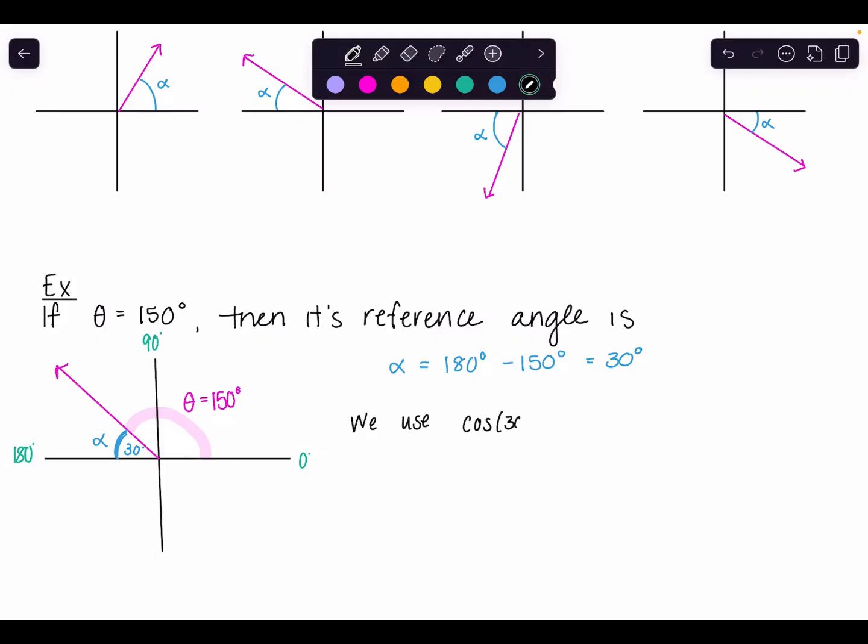So to try to summarize that, we use cosine of 30 degrees and sine of 30 degrees to find the values of cosine of 150 and sine of 150.